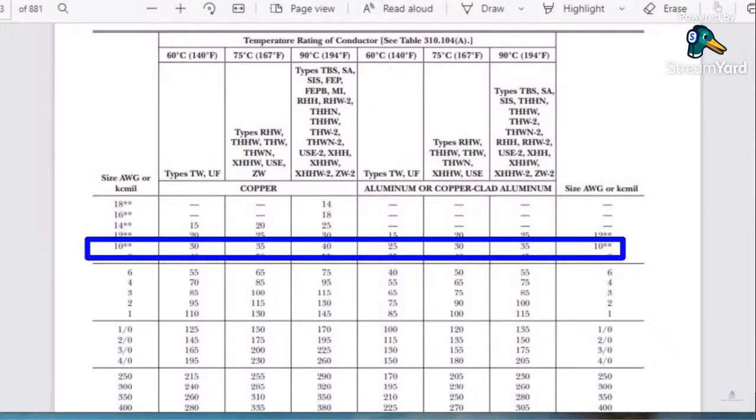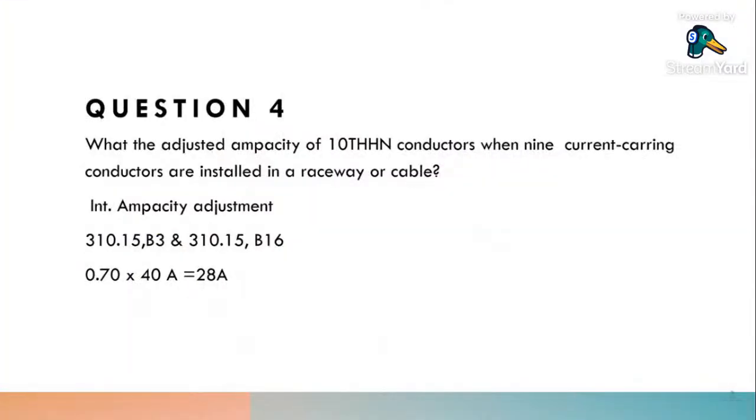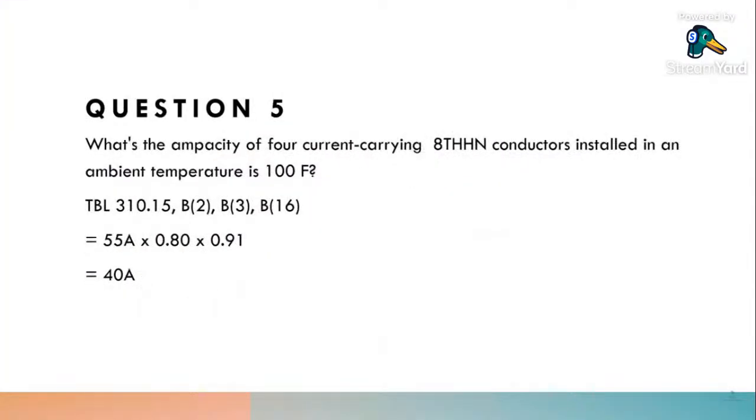So simply, the adjustment would have been 0.70 times 40 amps, which would have been 28 amps. All right? So the effect of the bundling actually reduces the value of the conductor.